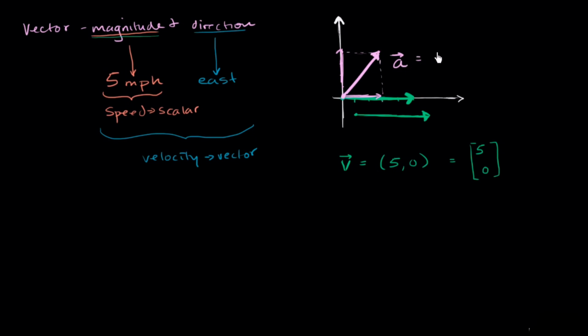So this vector might be specified as 3, 4. And you could use the Pythagorean theorem to figure out the actual length of this vector. And you'll see, because this is a 3, 4, 5 triangle, that this actually has a magnitude of 5.